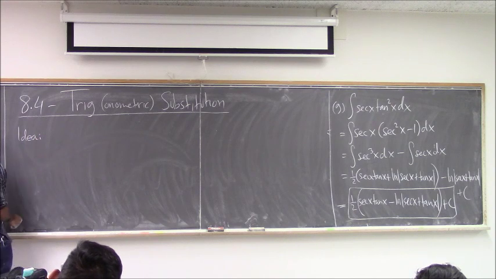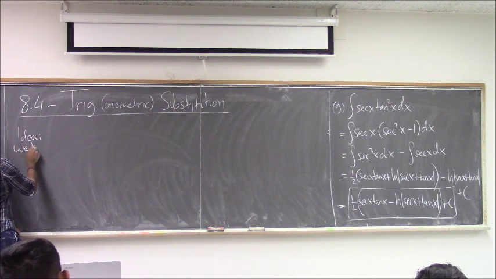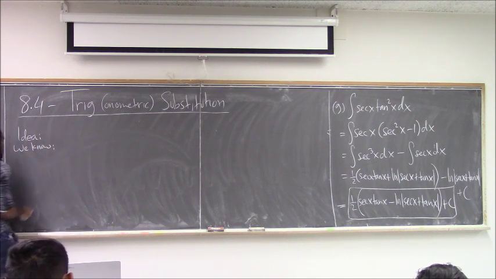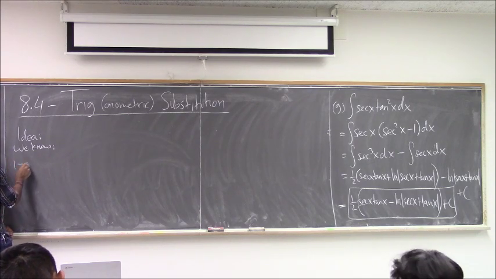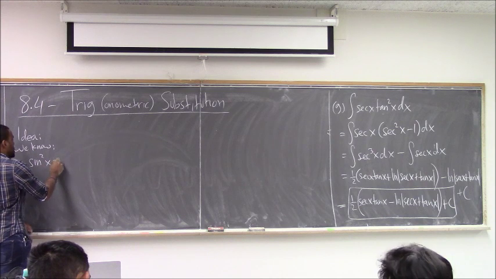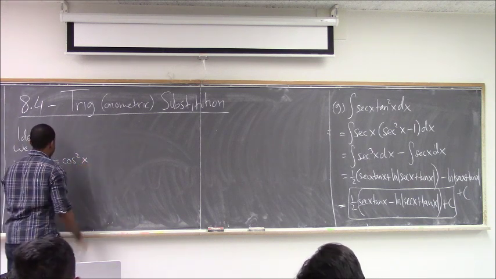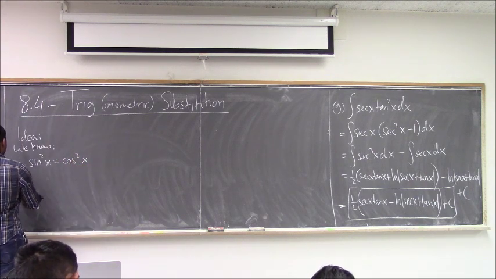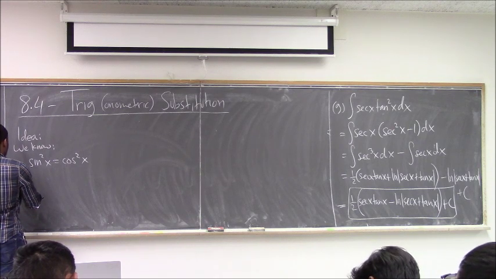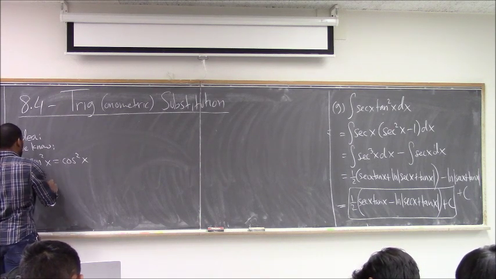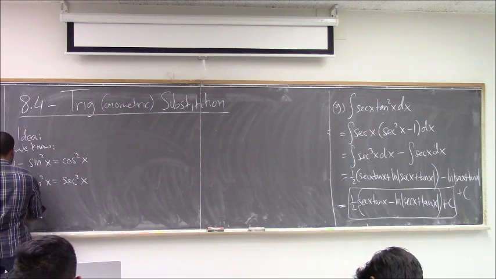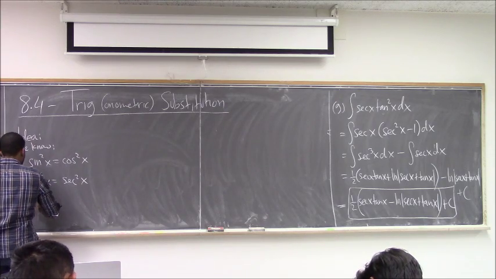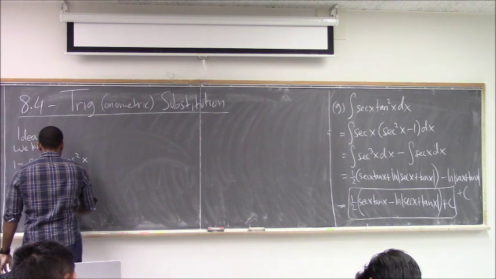We know some nice identities like Pythagorean identities. For example, 1 minus sine squared is equal to cosine squared. And 1 plus tangent squared is equal to secant squared. We also know that secant squared minus 1 is equal to tangent squared.